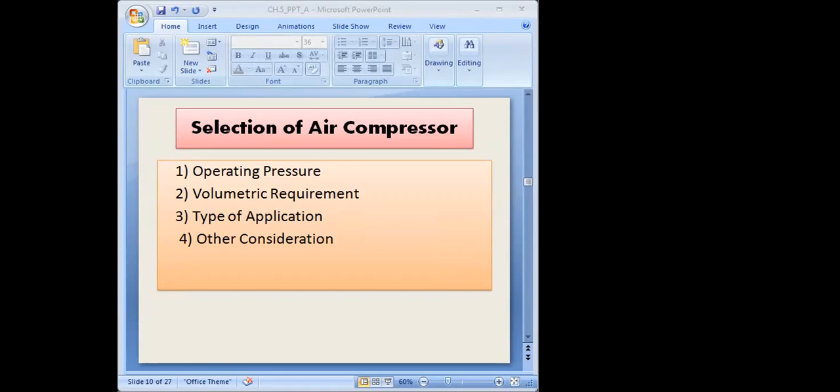So even if there is no load on the system, the compressor is still delivering air under pressure, and you'll get compressed air only.